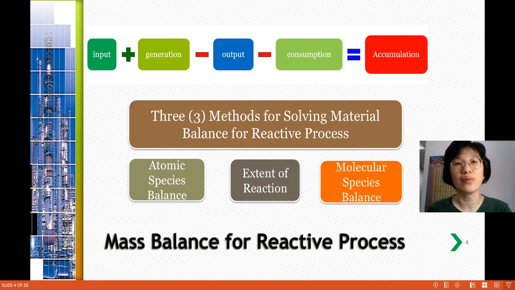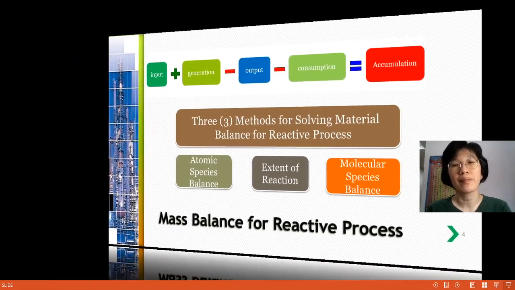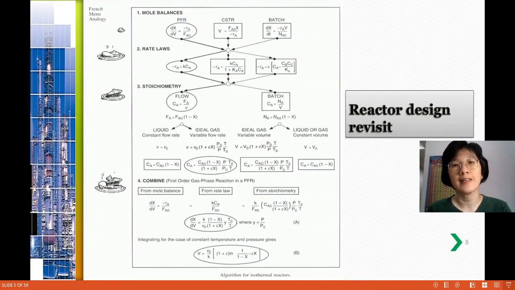So this is how you solve the mass balance for a reactor. You can do it manually, and of course in this case, with the introduction of this chapter, you are able to simulate the reactive process using Aspen Plus. It can expedite the process to get the reactor design.